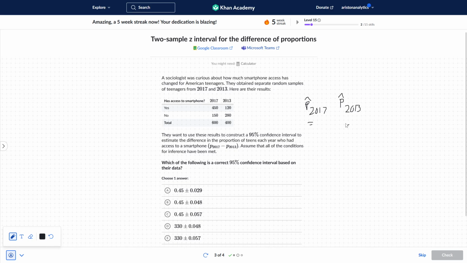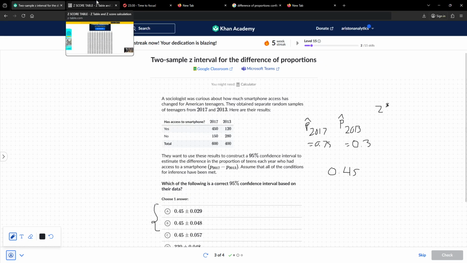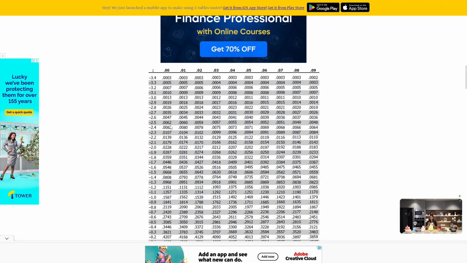Equals. So we're looking at one of these. Z star equals 95%, so 2.5% on each side. 0.025. Negative 1.96.